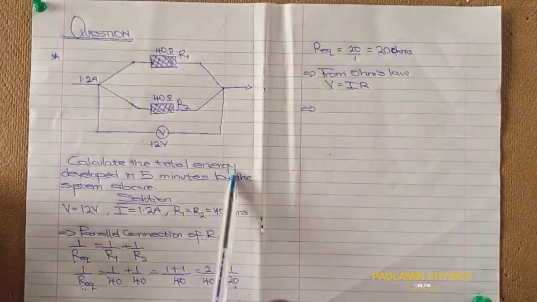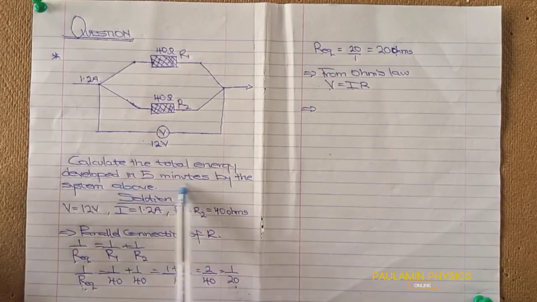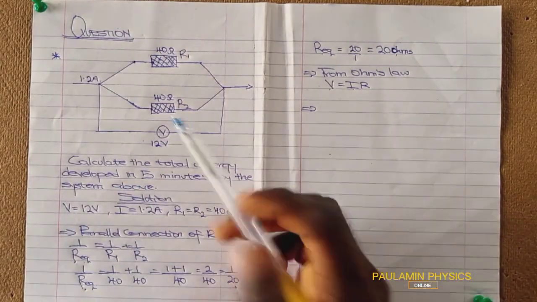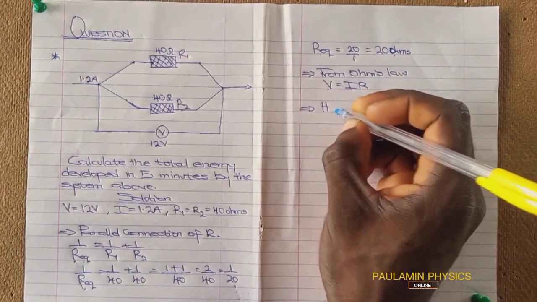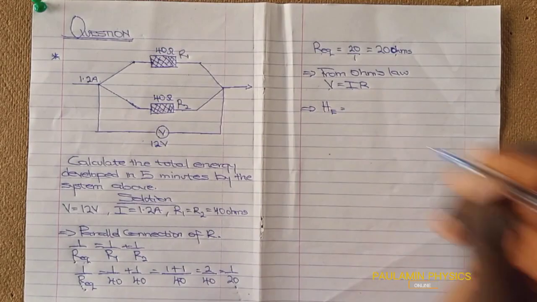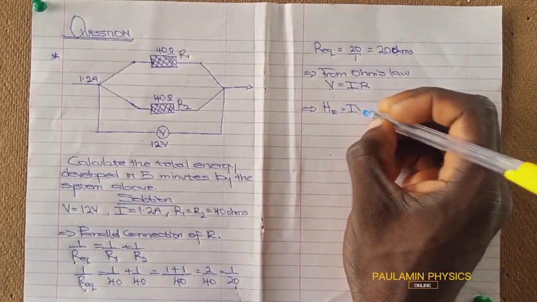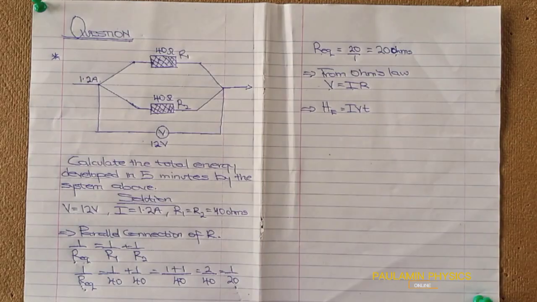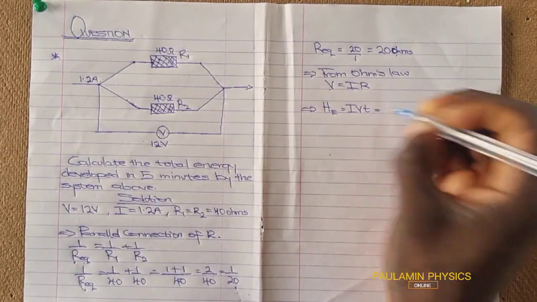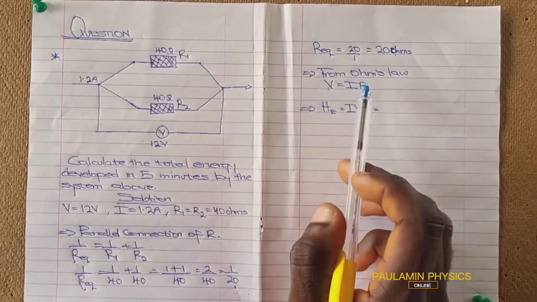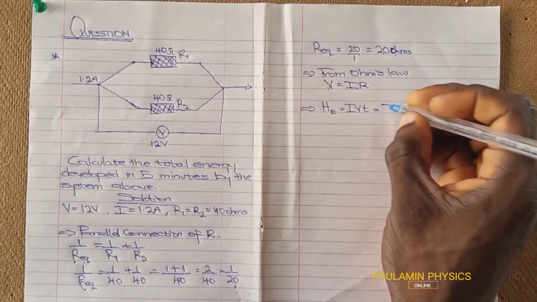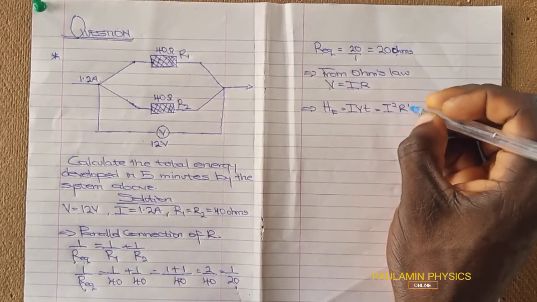It says calculate the total energy developed in 5 minutes by the system above. Now we should recall that energy in an electric circuit is given as IVT. Or better still, if V is equal to IR, anywhere I see V, I'm going to replace it with IR. That will turn to I squared RT.